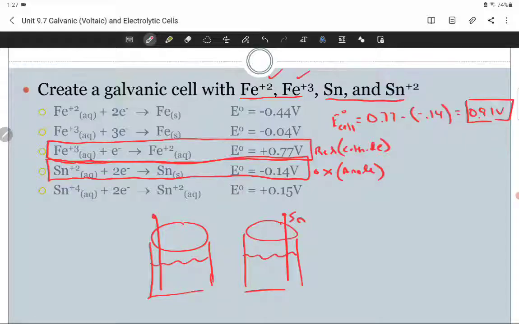So we need some kind of metal in there, but something that won't react with anything else. And when you are given a situation like this, often people use platinum wire. Platinum wire is extremely expensive. So if you don't have any platinum wire, you could also use a carbon rod. That's the El Cheapo route.